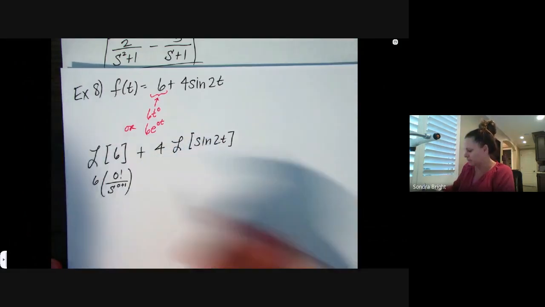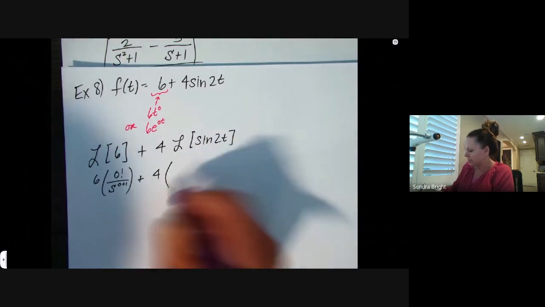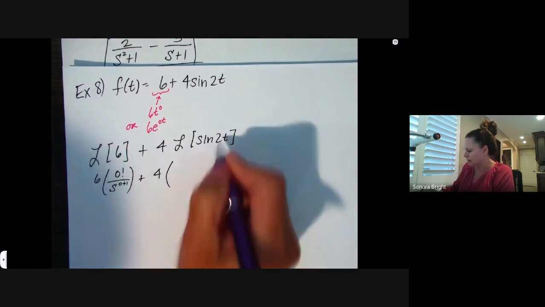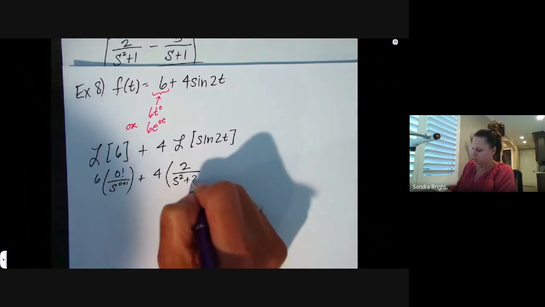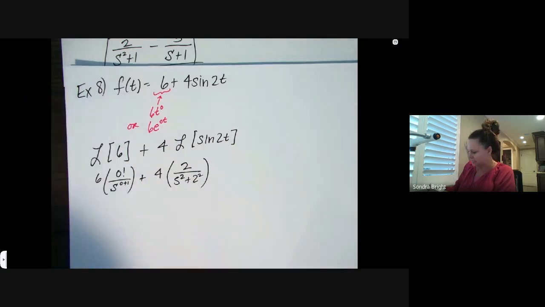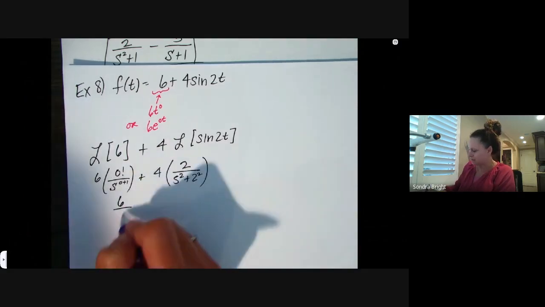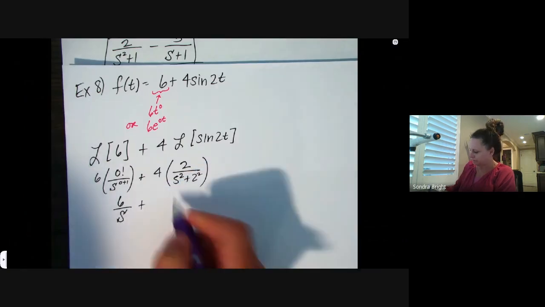And then 4 times sine of 2t, where 2 is your a, will be 2 over s squared plus 2 squared. So this is 6 over s plus 8 over s squared plus 4.